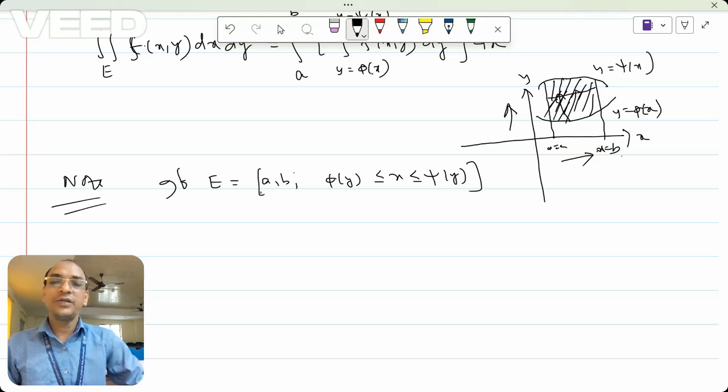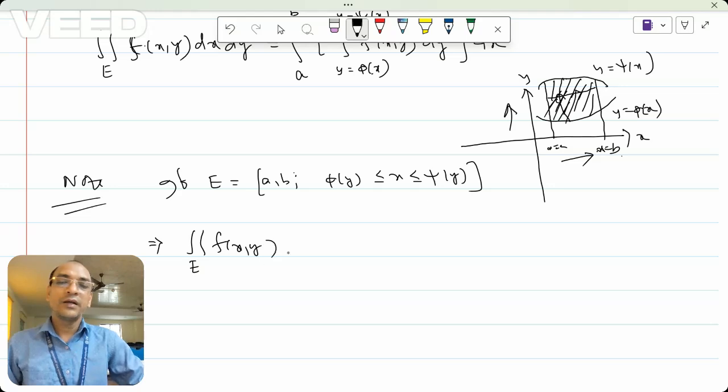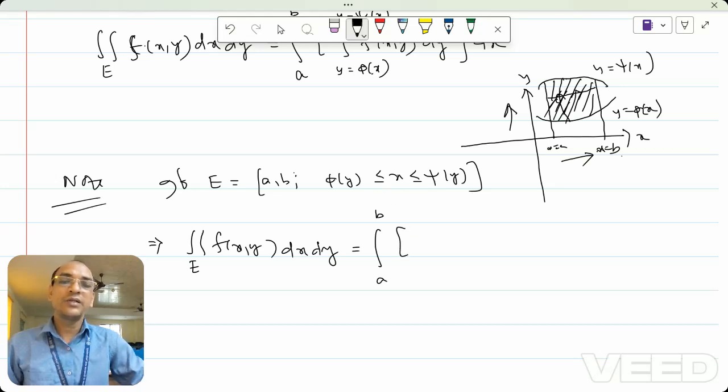If this is my region, then I cannot say a and b are limits of x, because here the limits of x are functions of y. So in this case, I can say the double integral over E of f of x, y dx dy is integration a to b, and then the inner integral is with respect to x because the limits of x are functions of y.